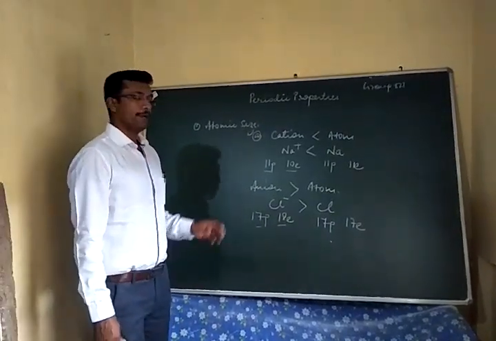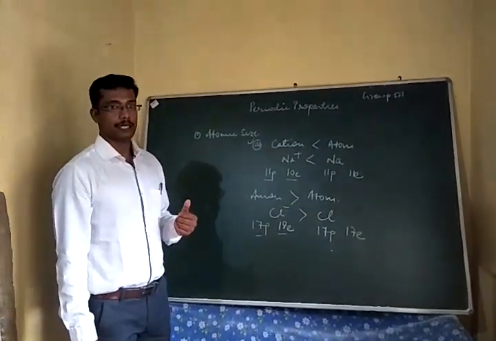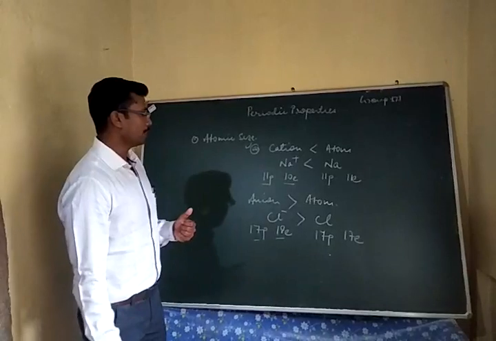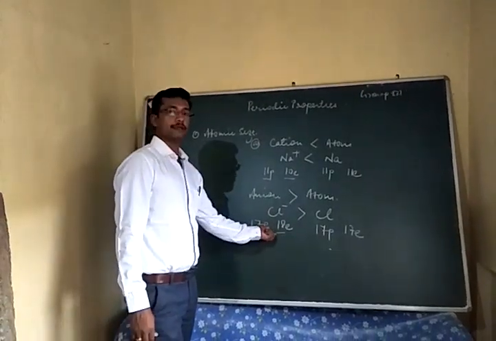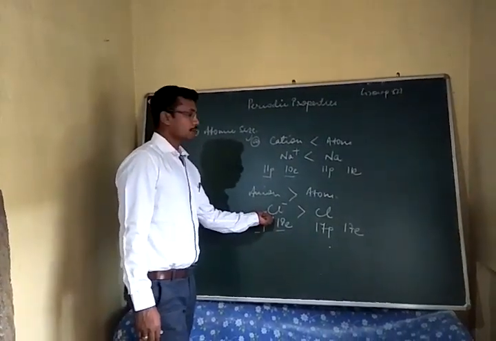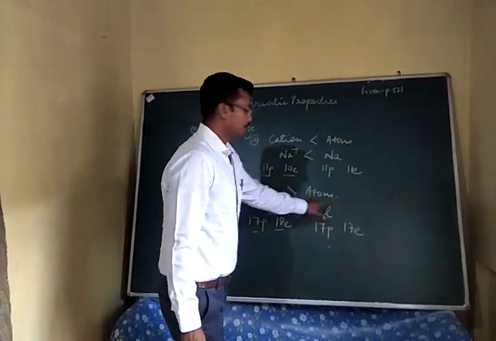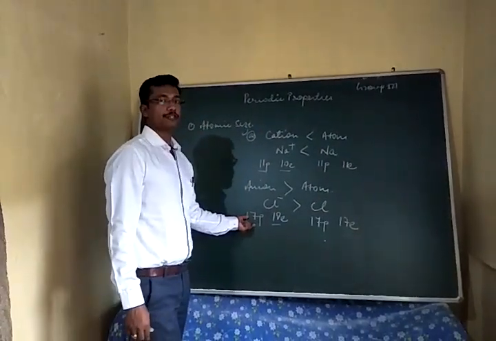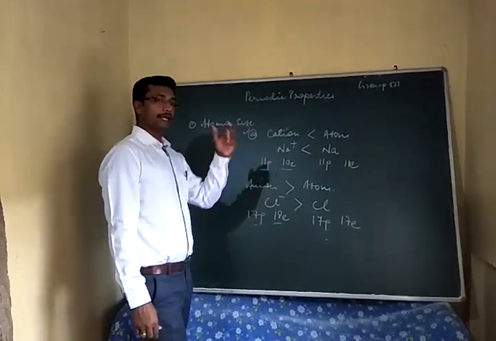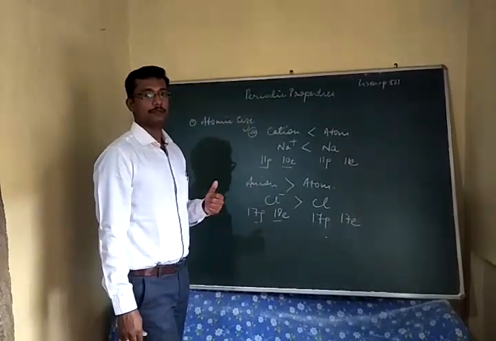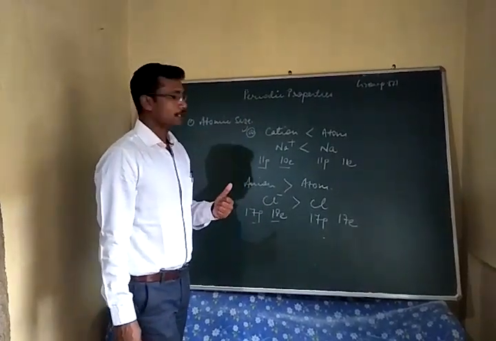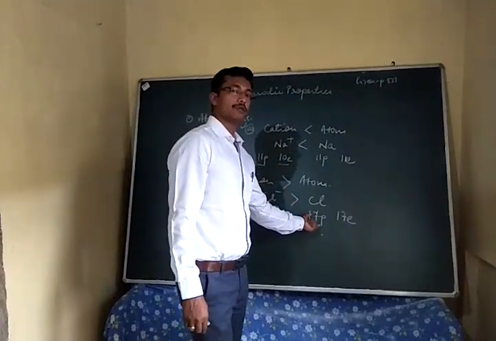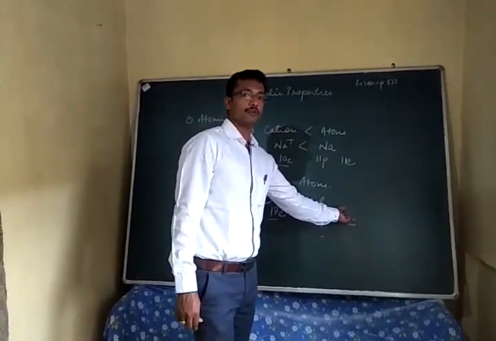When we compare the nuclear pull or the nuclear charge, we find that the nuclear pull in the chloride ion will be less compared to the chlorine atom, because here 17 protons have to pull 18 electrons towards them, which is not so easy. In the atom, 17 protons can easily pull 17 electrons.